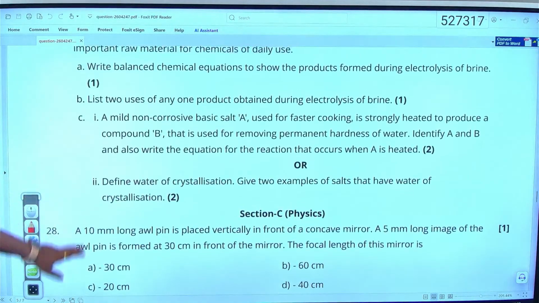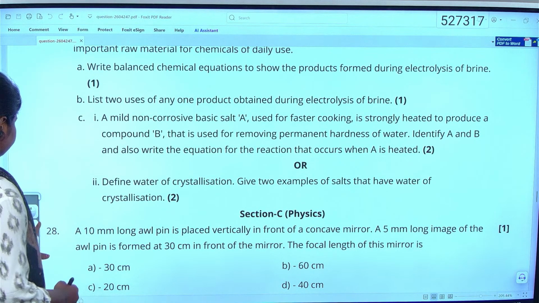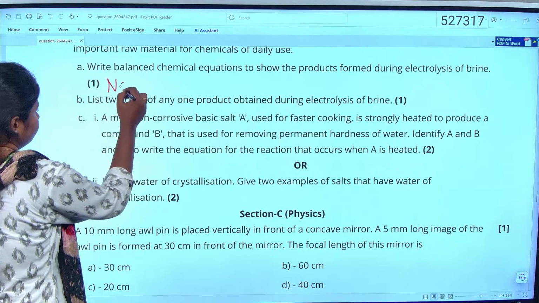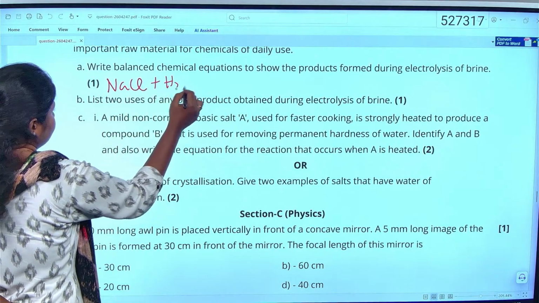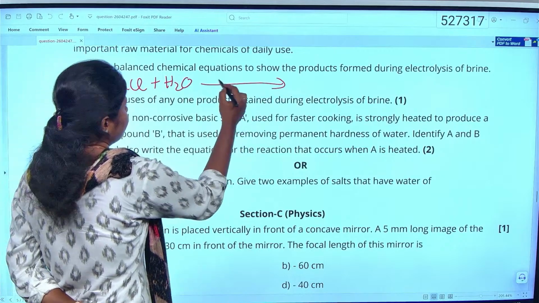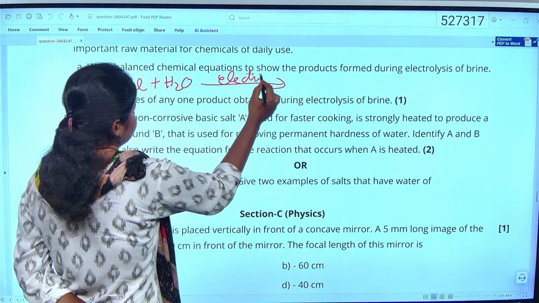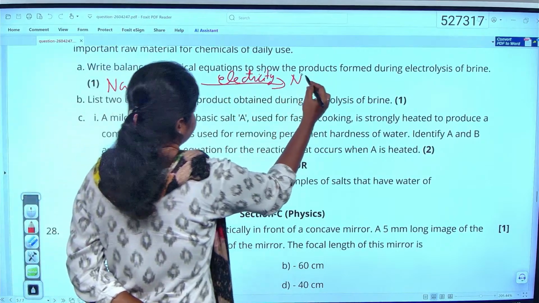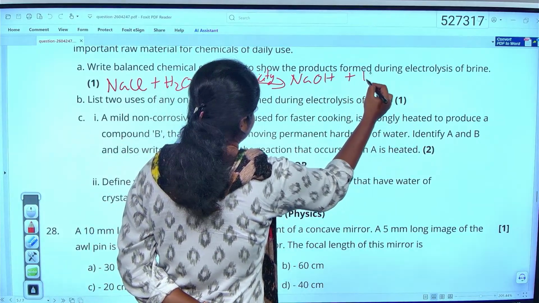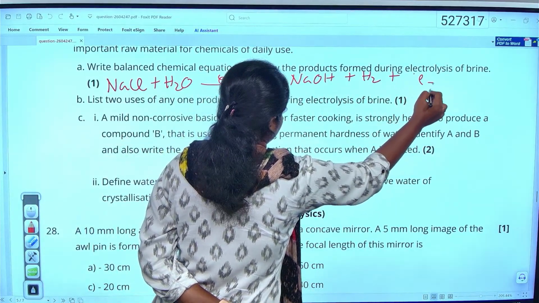Write the balanced chemical equation to show the products formed during electrolysis of brine. What is brine? Salt water. When electricity is passed, what forms?